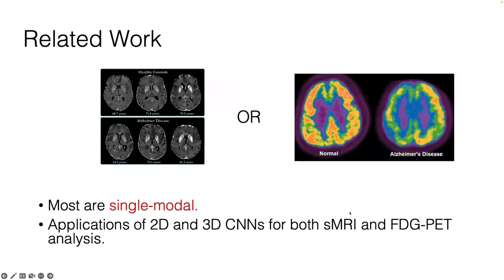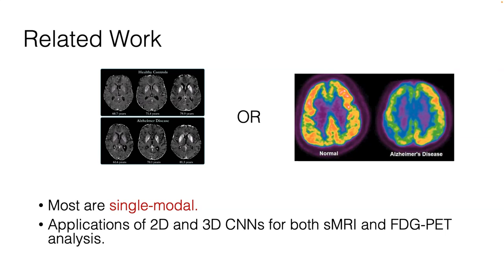Some related work within Alzheimer's disease detection with deep learning: most previous works are single modal, using either MRIs or PET scans. Within these approaches, 3D CNNs have been used to analyze MRIs, and there have been comparisons among different architectures like sparse autoencoders, 3D ResNets, and 3D VGGs.